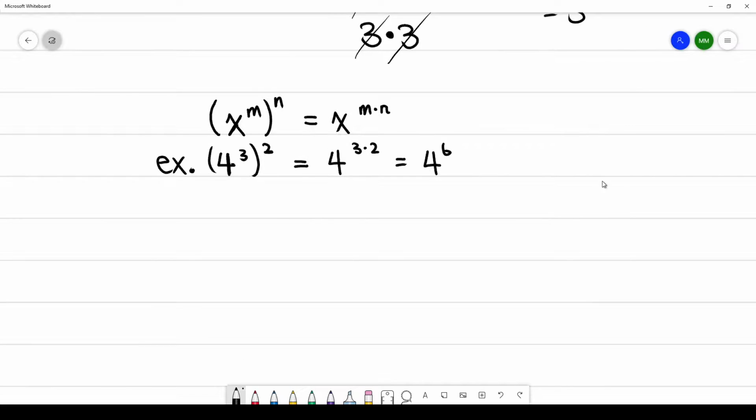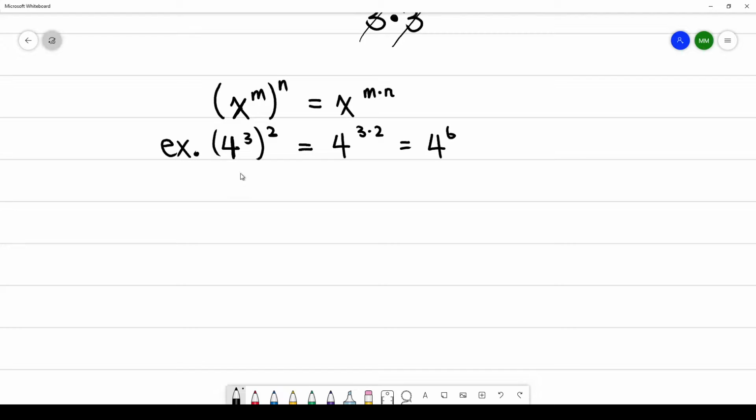So why does this work? Well, again, you can expand this out. 4 to the 3 is equal to 4 times 4 times 4, right? Simple. But then everything here is raised to the power of 2. So what does this mean? That means you're essentially multiplying all these 4's another time, once again, because that's what the power of 2 means.